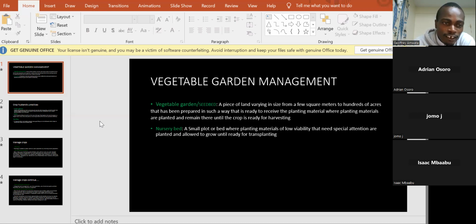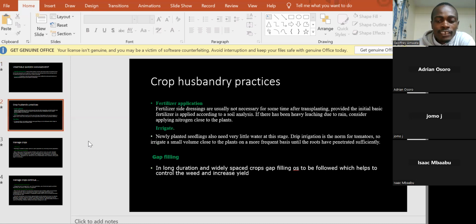Then from there, we are going to discuss the various management practices carried out on a vegetable garden, or what we call a seedbed. So to begin with, we are going to define vegetable seedbed.